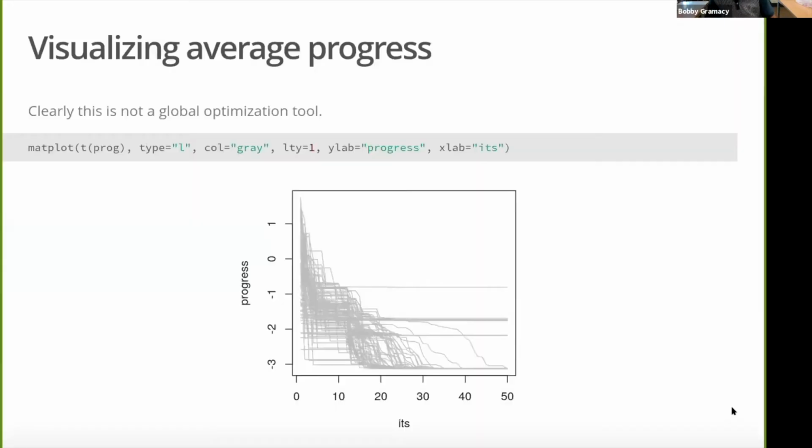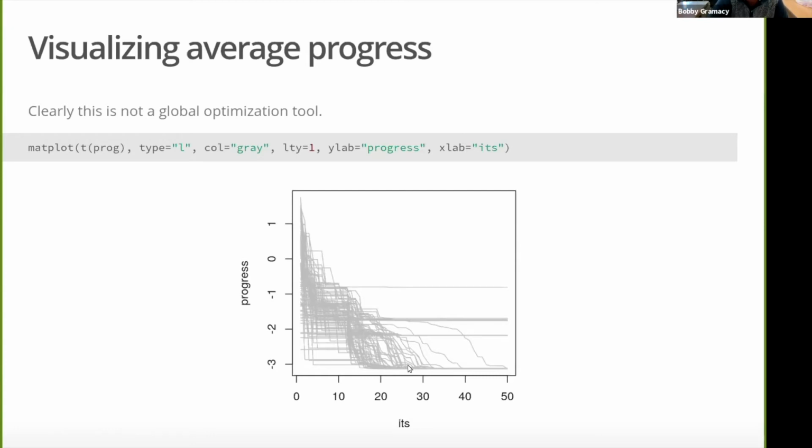Okay, so here is the behavior of each one of those 100 optimizations, up to 50 iterations. Some of the methods used all 50. Most of them did not. Some of the methods converged to an answer around -3, which appears to be the correct answer. That's about as low as we can go.